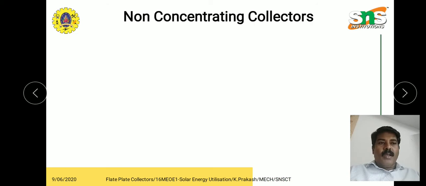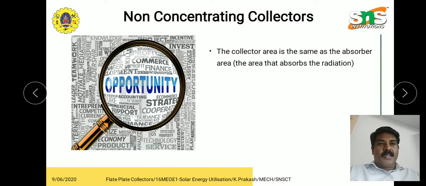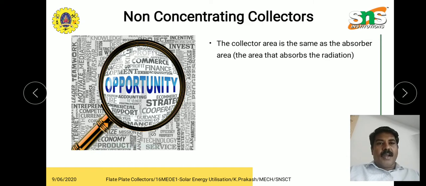Now coming to the non-concentrating collectors. We have already discussed these in the previous sessions. In a non-concentrating collector, the absorbing area cannot be changed. For example, here is a small lens and this is a word, opportunity.